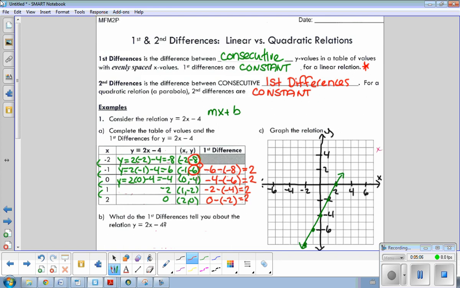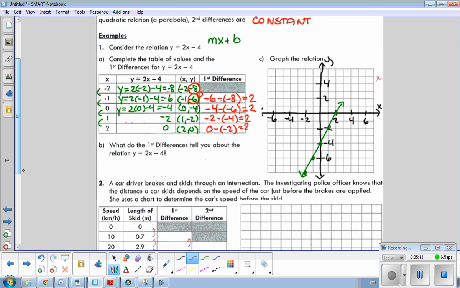So in part B, it says what do the first differences tell you about the relation? So the first differences tell us that the relation is linear because they are constant.